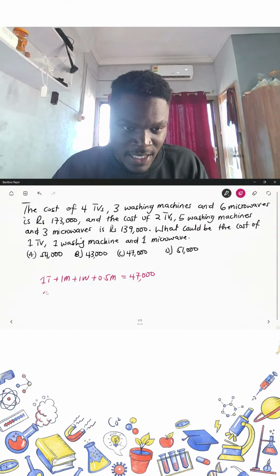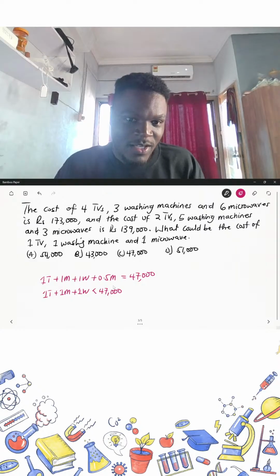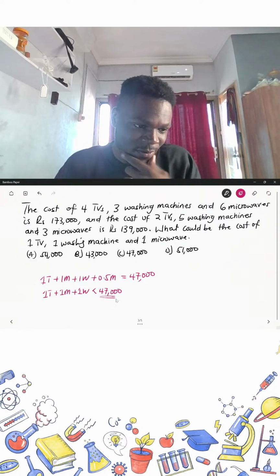That is what I'm saying. And we said that one TV plus one microwave plus one washing machine should now be less than 47,000. Okay, which means that our answer should be less than 47,000.